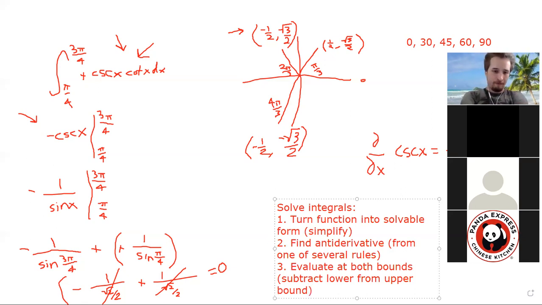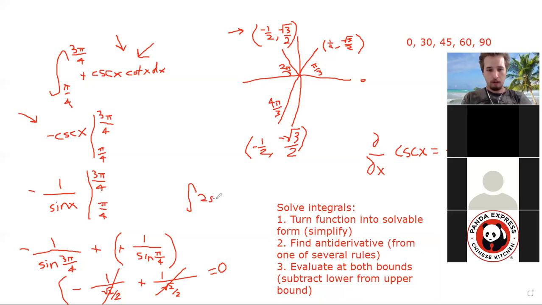I mean, that's just solving integrals in general. An example of step 1, turning function into a solvable form, we had 2 secant squared, right? Well, I took the 2 out of the integral so that I only had secant squared by itself.